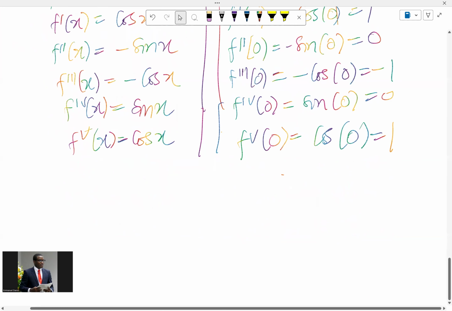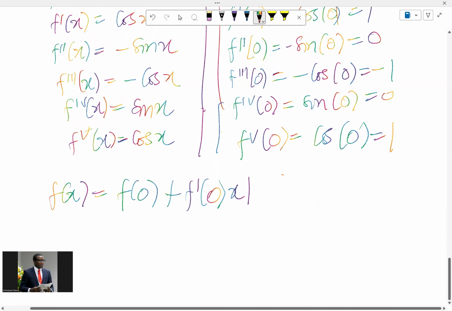Okay, so we can plug things in now. So again, you say f of x for Maclaurin is f of 0 plus f prime of 0 x, plus f prime prime of 0 all over 2 factorial x squared plus f prime prime prime of 0 all over 3 factorial x cube.